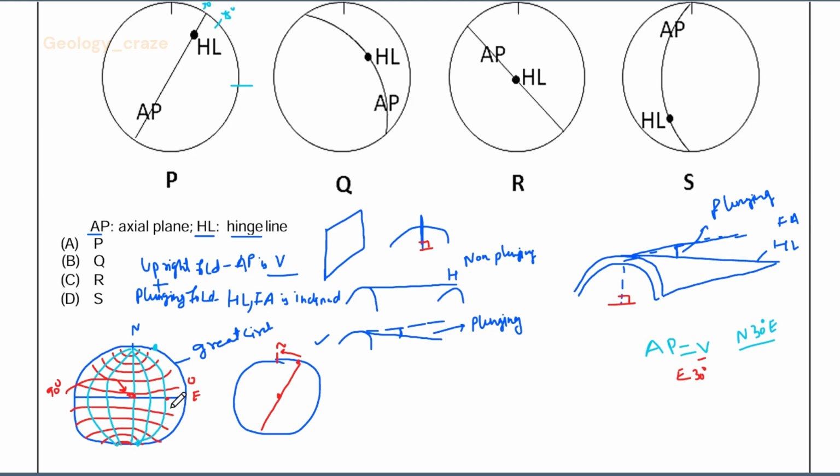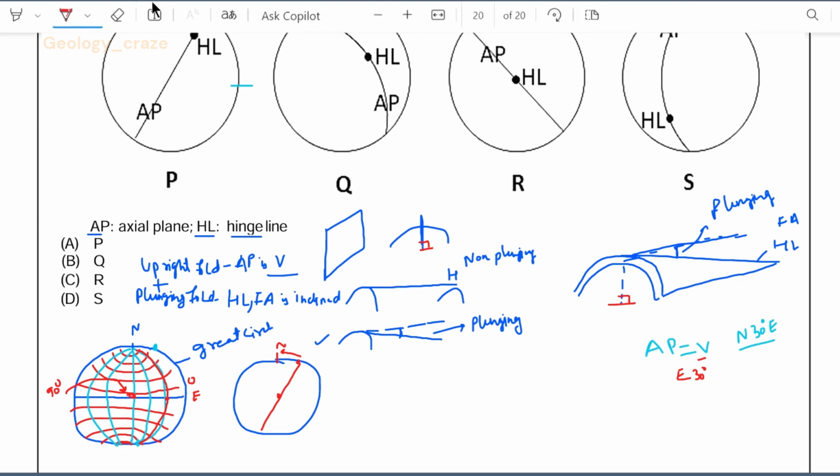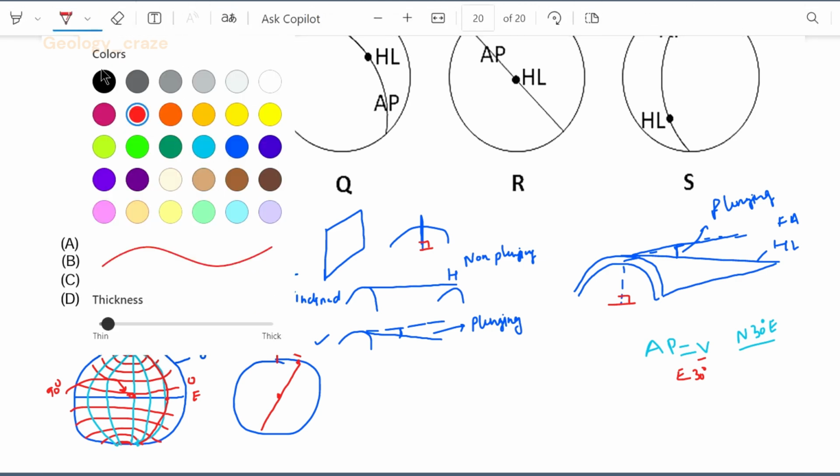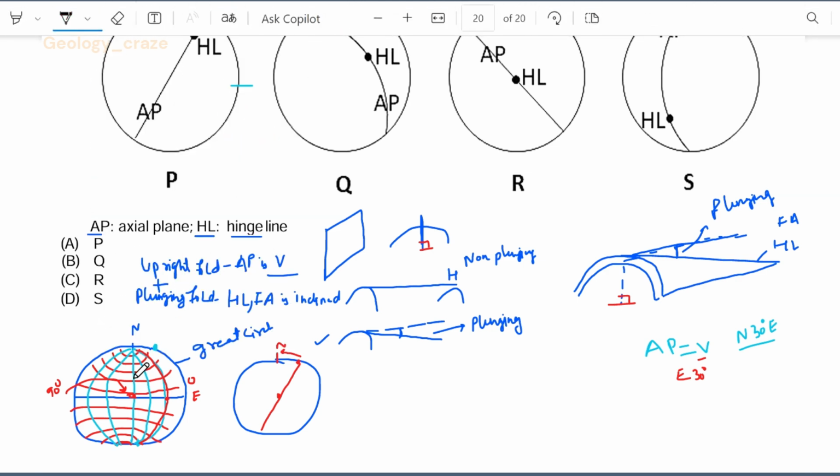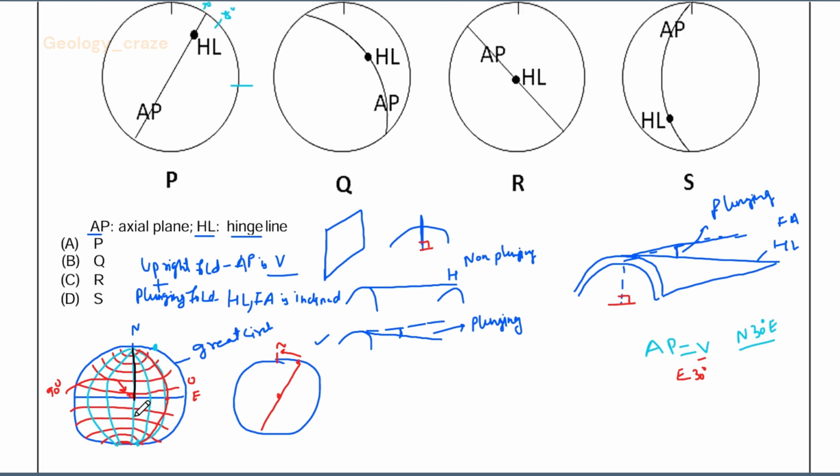Wherever it comes, we draw a curve there. Now our point is in the center, so a straight line will come. This straight line is rotated again to this point, and we get our actual plane data.